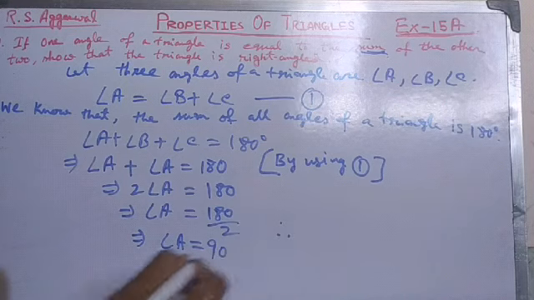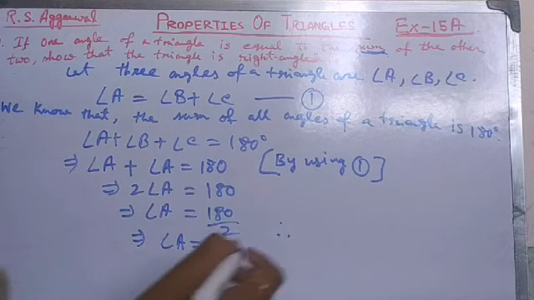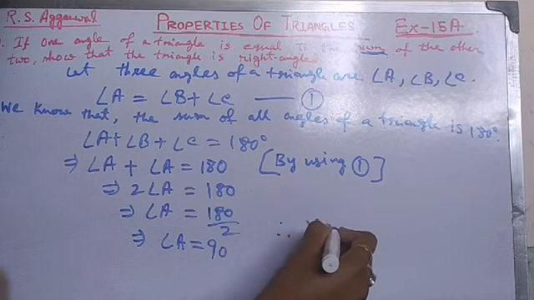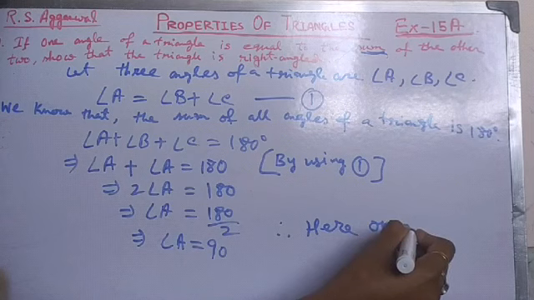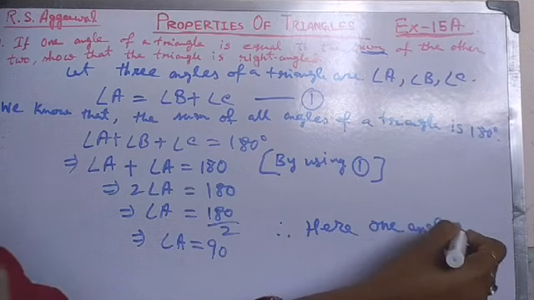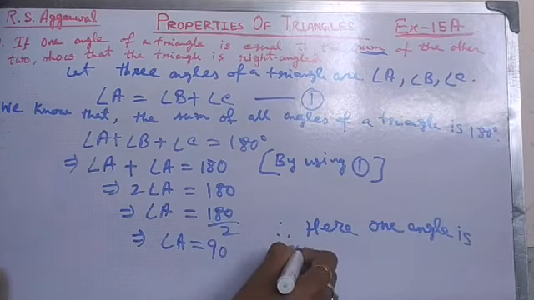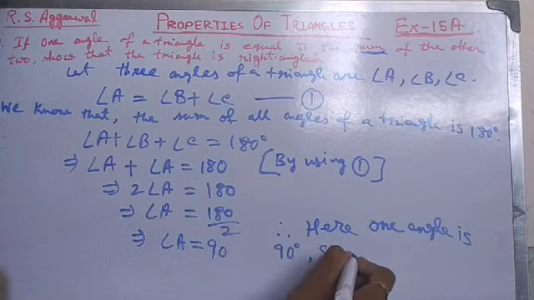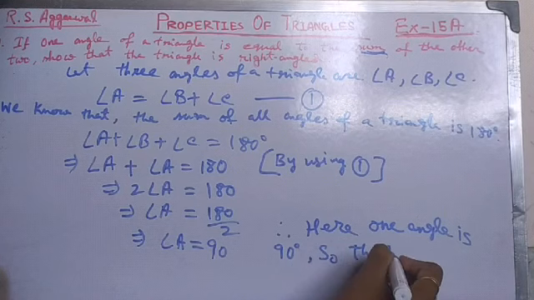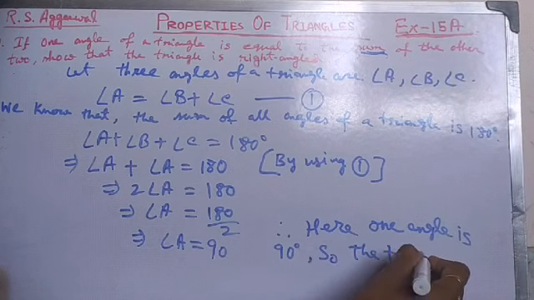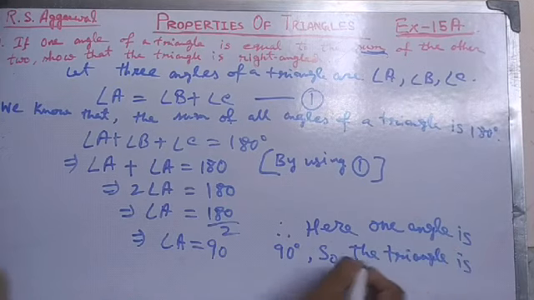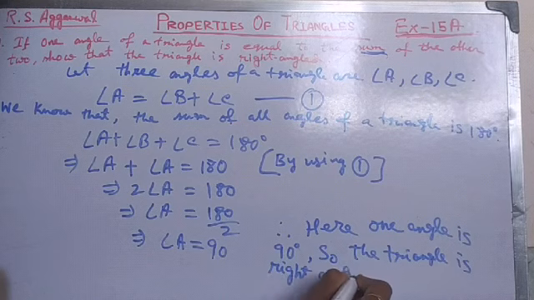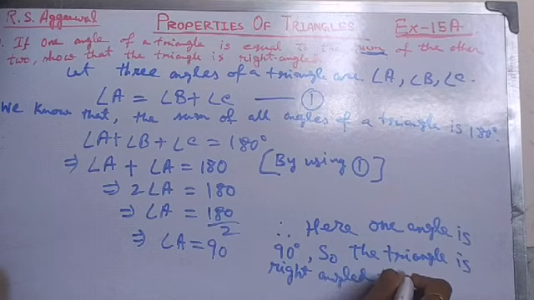That means in this triangle one angle is 90 degree, so the triangle is a right angled triangle.